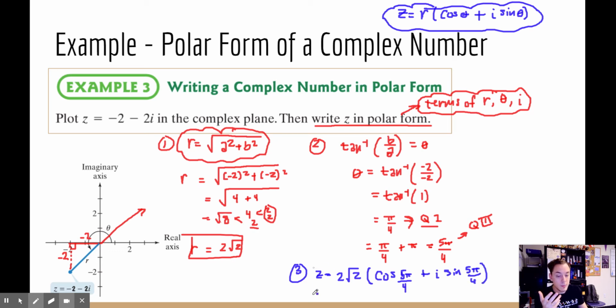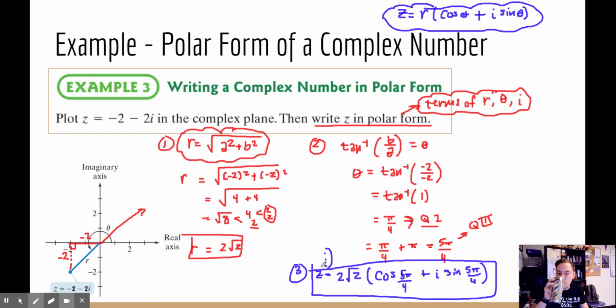That is my polar form, written in theta, written with R's, and written with I's. Okay, I'm done. That's all I need to do. Yay! All right. Not too terrible, yeah? Awesome. So let's move on.